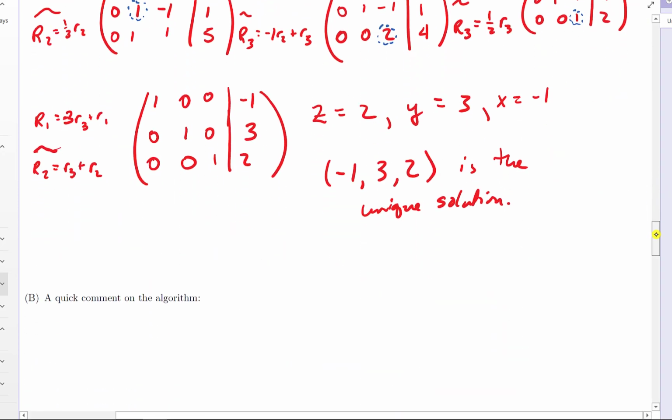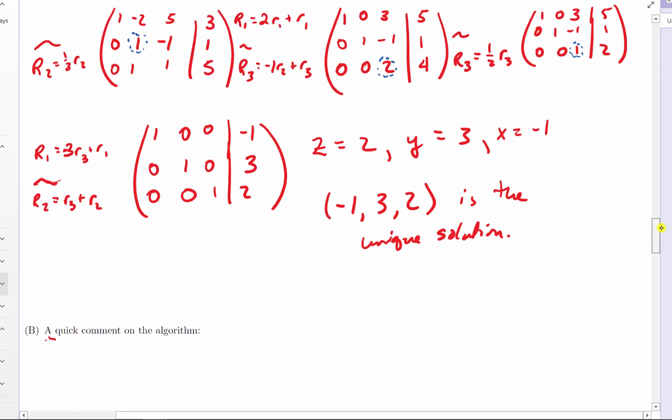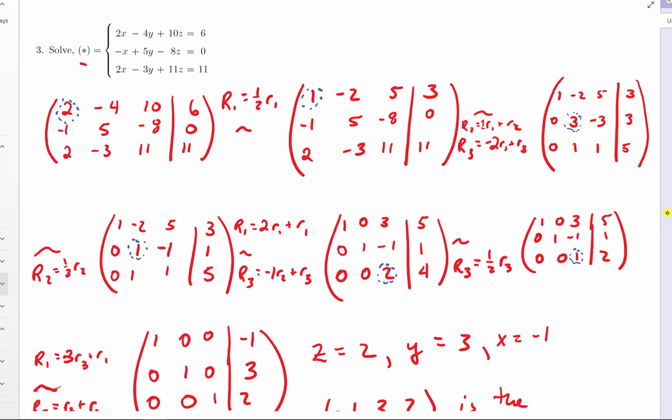Okay. I do want to say in this video a quick word on the algorithm. My comment for that is always stick with this algorithm. I always intend when I make these, so if I put this on a test, I'm going to try to minimize the number of fractions you have to deal with in the matrix when you're doing your matrix row operations.